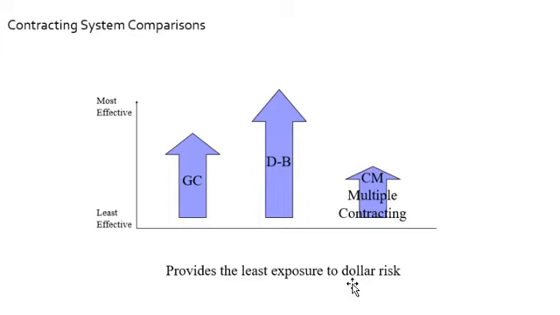And least exposure to dollar risk. All right, so here the owner would contract with only one entity, get one price, and they're going to handle it all. Here there's potential exposure to risk for the owner because the plans were completed, the general contractor accepted the plans, but there could be things missing.